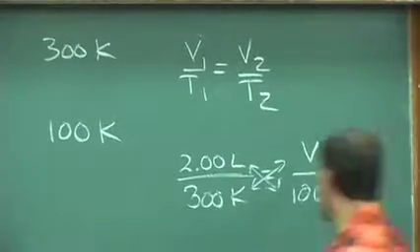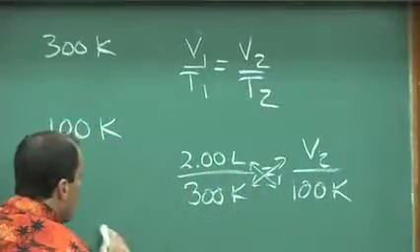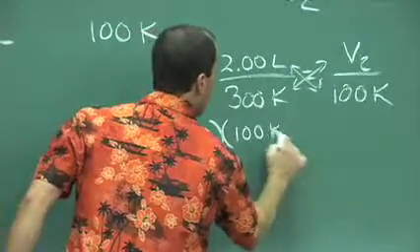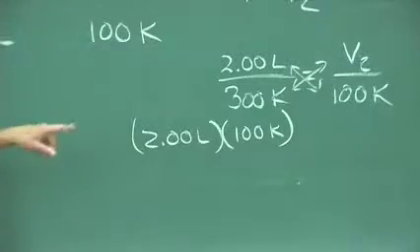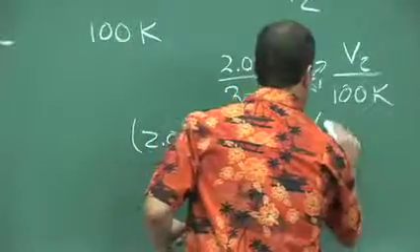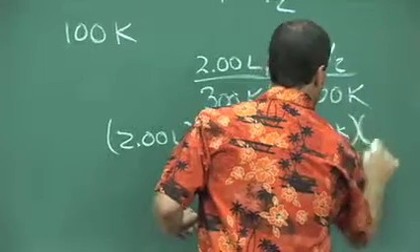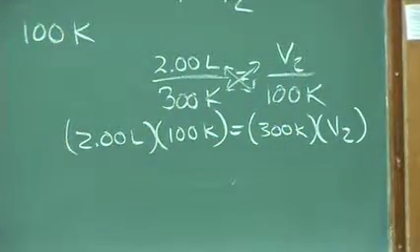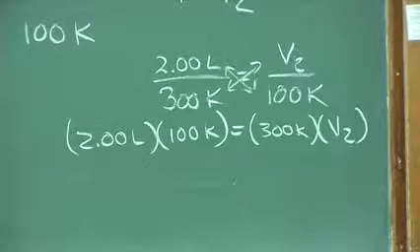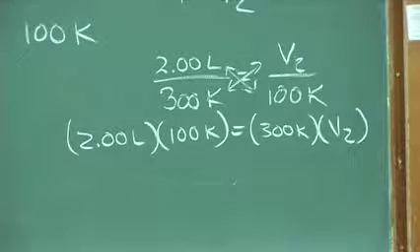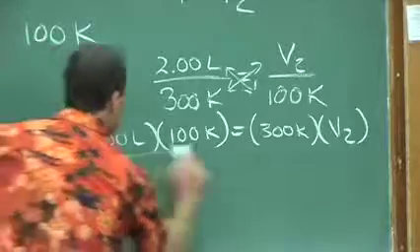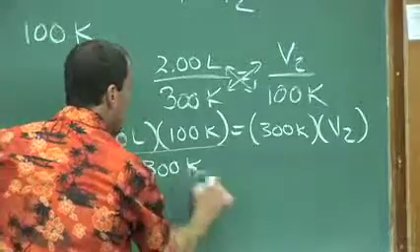Let me show this written out. We're going to cross multiply 2.00 liters times 100 kelvins. That's equal to 300 kelvins times our unknown quantity, the volume afterwards. Units will work out fine because on the left side we have liters times kelvins. On the right we have kelvins, so when we divide both sides by 300 kelvins, the kelvins will cancel.